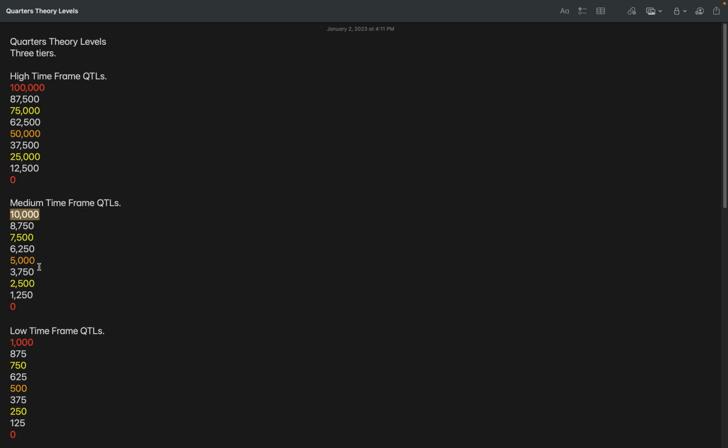Okay. And so we have the 100,000 level high time frame QTL, the 10,000 level medium time frame QTL, and then we have the 1,000 point low time frame QTL, right? And it's the same thing as I've been saying. Halfway, halfway, halfway, halfway, right? That's how you get the levels.